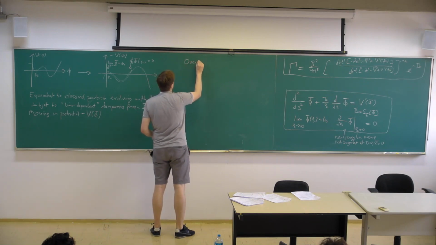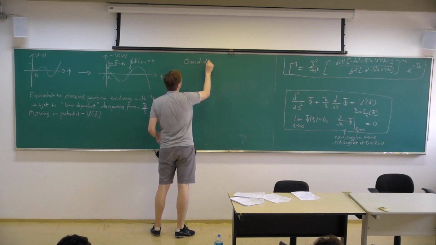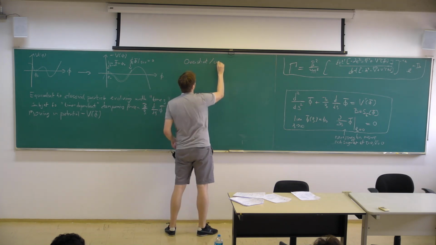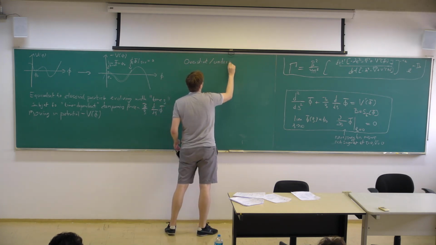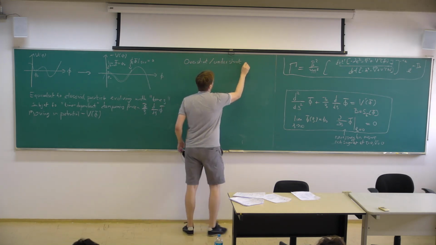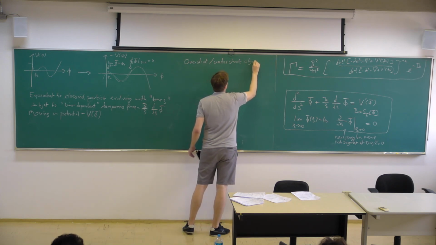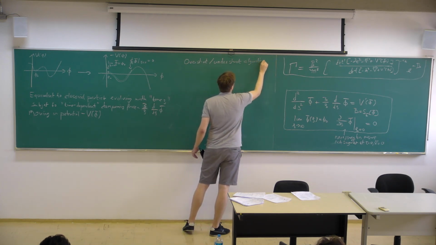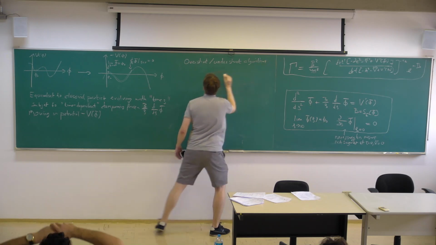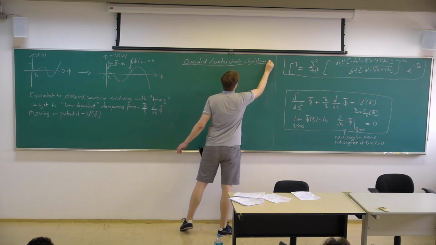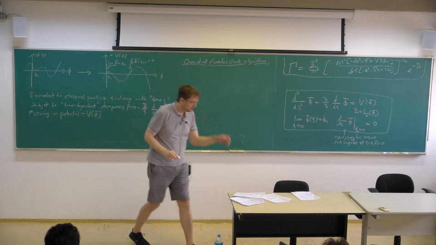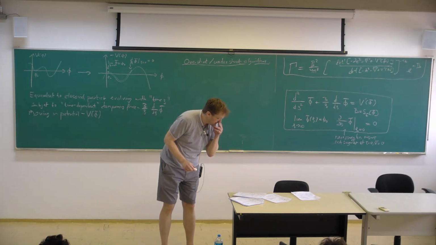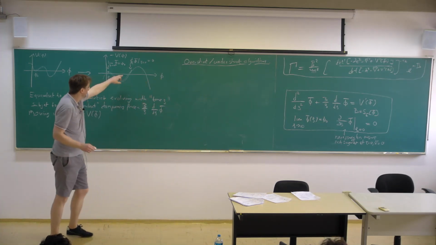An algorithm to solve this problem is the so-called overshoot, undershoot. And the idea is you just pick a random starting point in this potential.